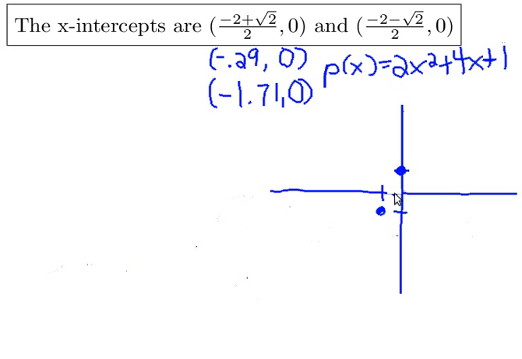That's a little closer to half, actually, so it's going to be about here. And then negative 1.71, well, it's not going to be up to 2. It's going to be almost 3/4 of the way to 2, but not quite. So it's going to be somewhere around here.